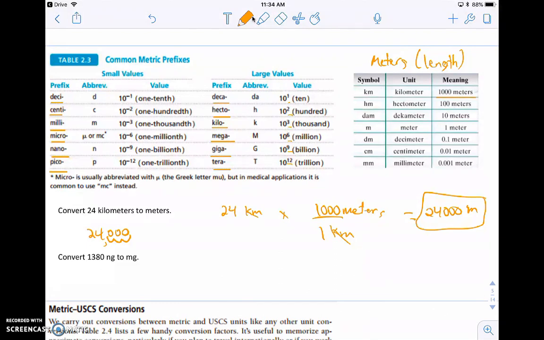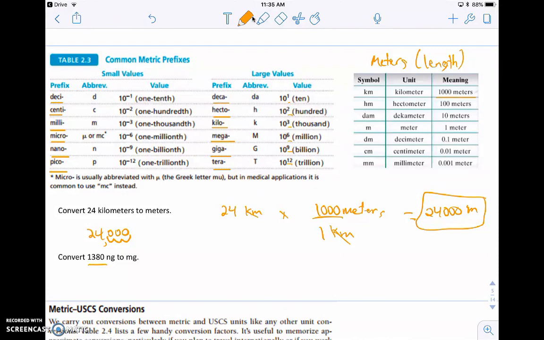And that's the nice thing about conversions in the metric system, is you can simply just move your decimal to the right or to the left, depending on whether you're getting bigger or smaller, and how many degrees we're jumping, whether it's tenth, millionth, billionth, thousandth, and so forth.